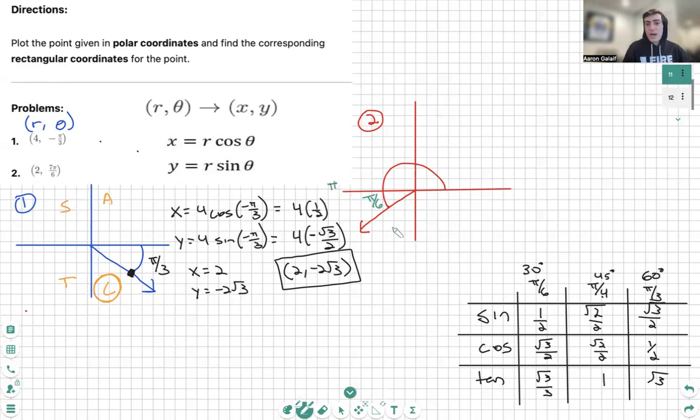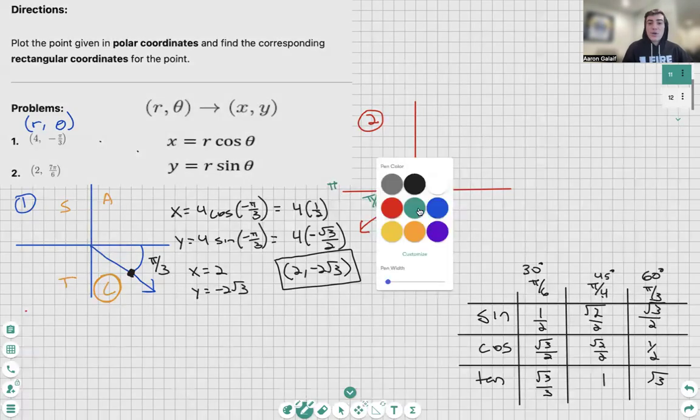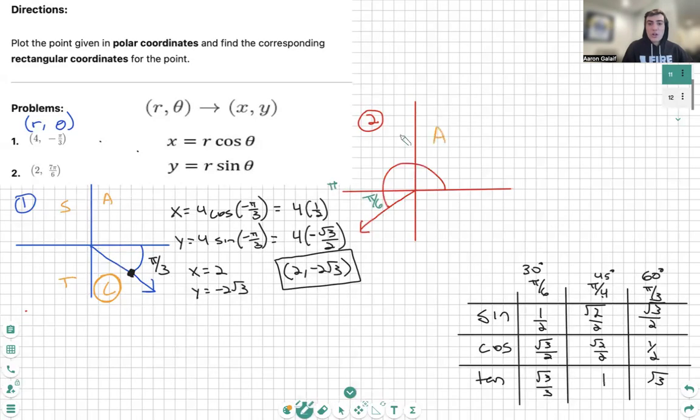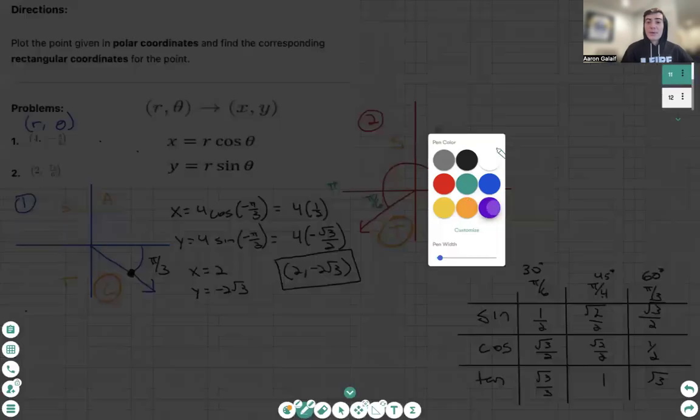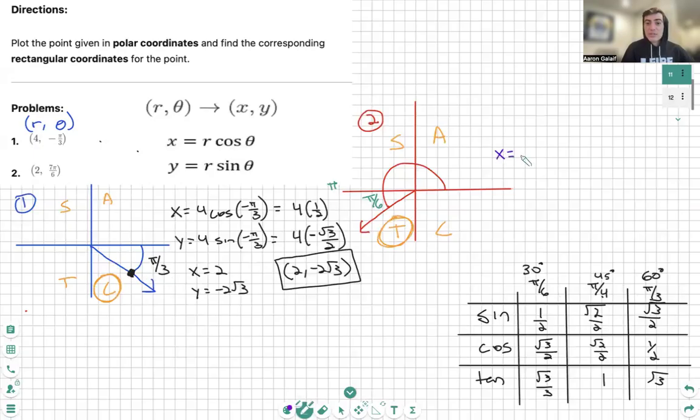Okay, perfect. What quadrant are we in? All Students Take Calculus. We are in the third quadrant. Only tangent is positive. Sine and cosine should be negative. The next thing I'm going to do is set up x equals r, which is 2 cosine 7 pi over 6, and y equals 2 sine 7 pi over 6.